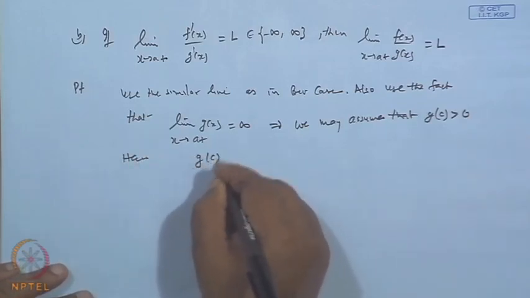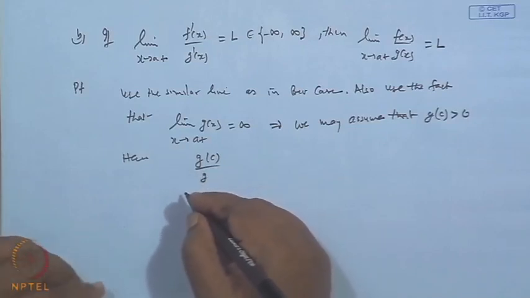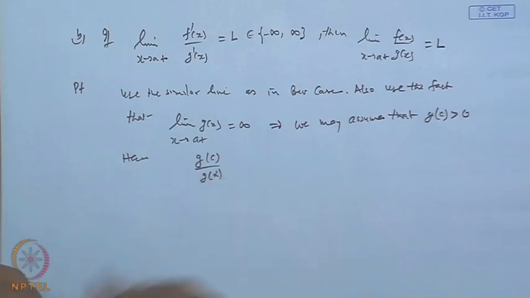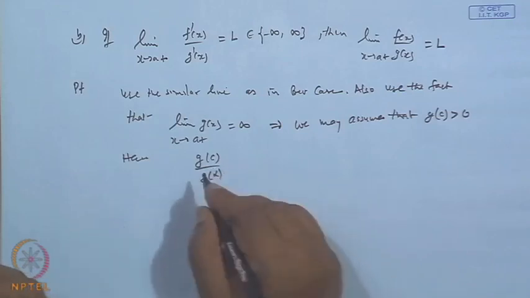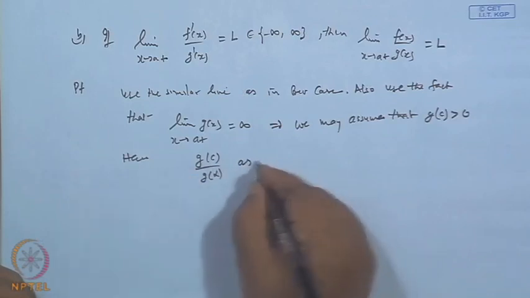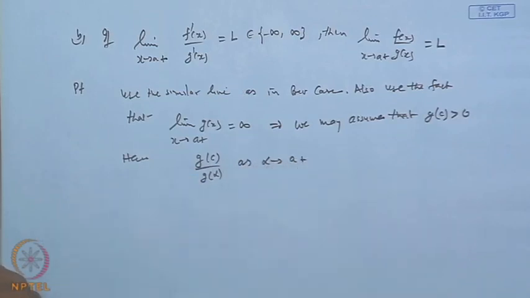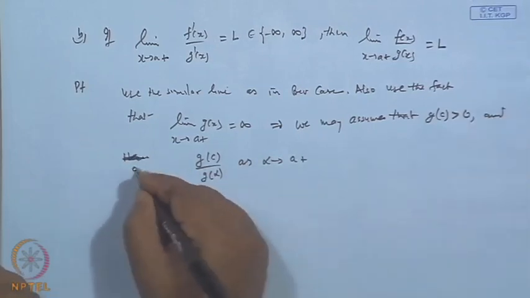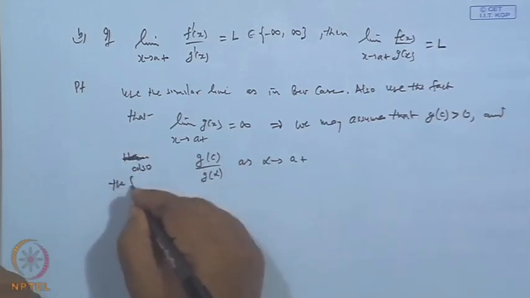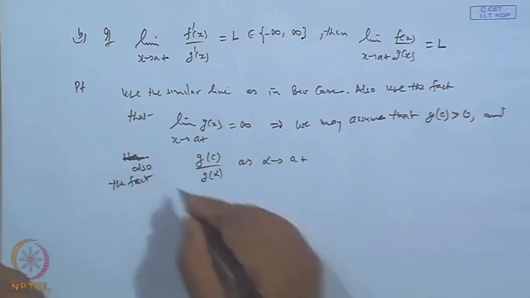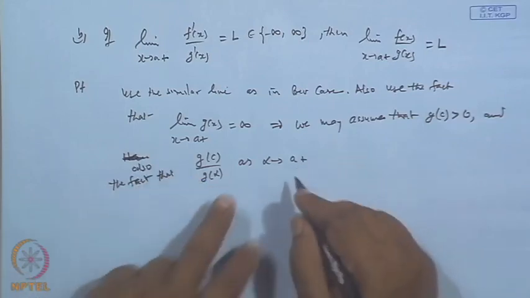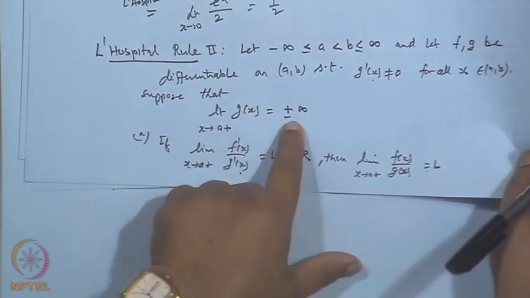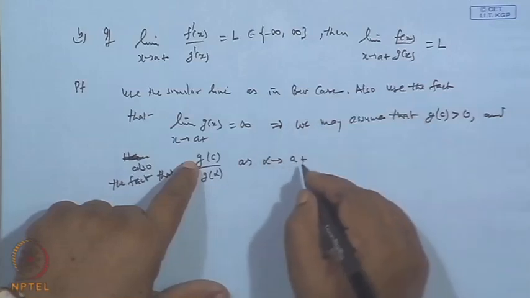the g of c by g of alpha, as alpha tends to a plus, and also the fact that this thing, when alpha tends to a plus. The condition is given that g x as x tends to a plus is infinity. So, this will go to 0.